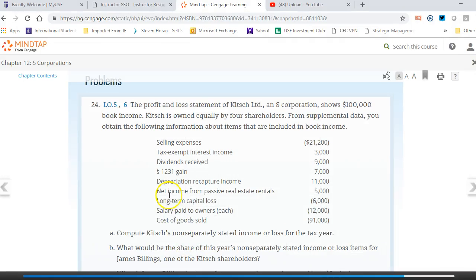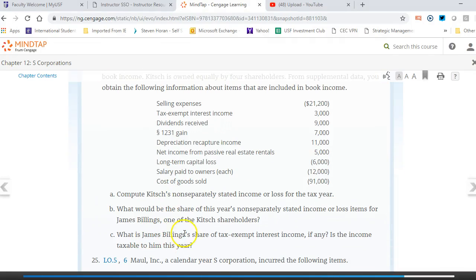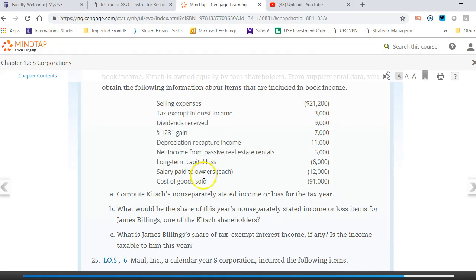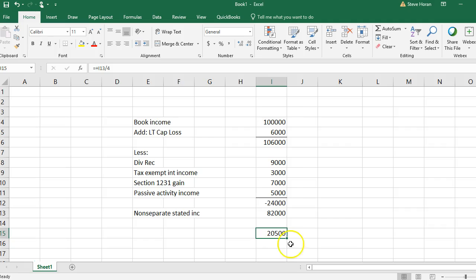And then question C is, what is James Billings' share of tax-exempt interest income, if any? Is income taxable to him this year? So we go back here, and James is just one of the 4 equal owners. And all we have to do is go back to the Excel and find the tax-exempt interest income right there, the 3,000.